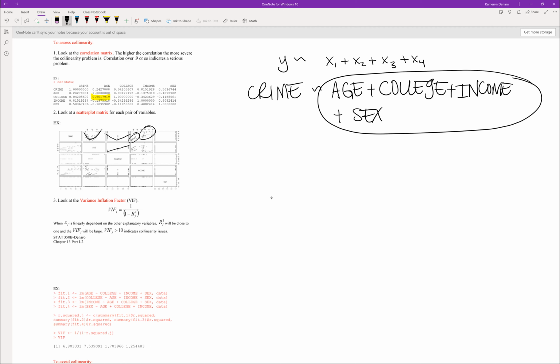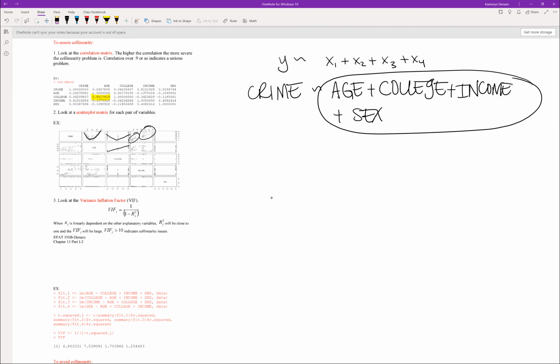So we're going to fit 4 different models so that we can get each of the R squared j's. Here I first fit age on college, income, and sex. Then I fit college on age, income, and sex, income on age, college, and sex, and then sex on age, college, and income. Essentially, fit 1 is giving the regression model with age as the xj, the response or dependent variable, on the rest of the variables.